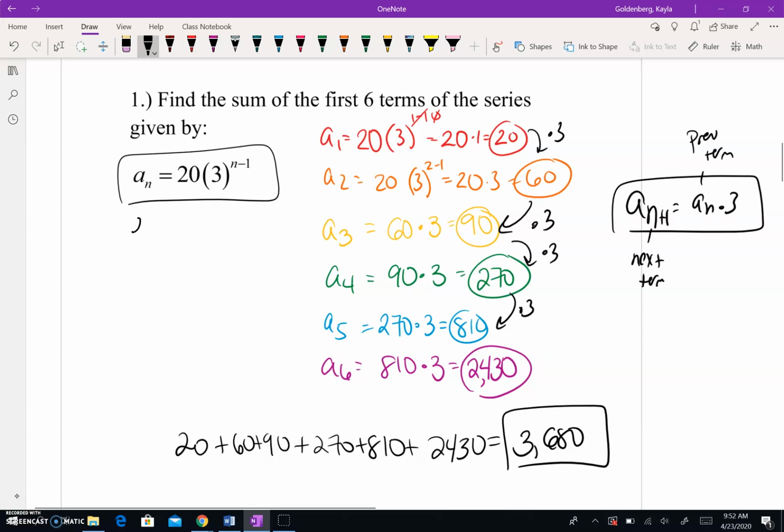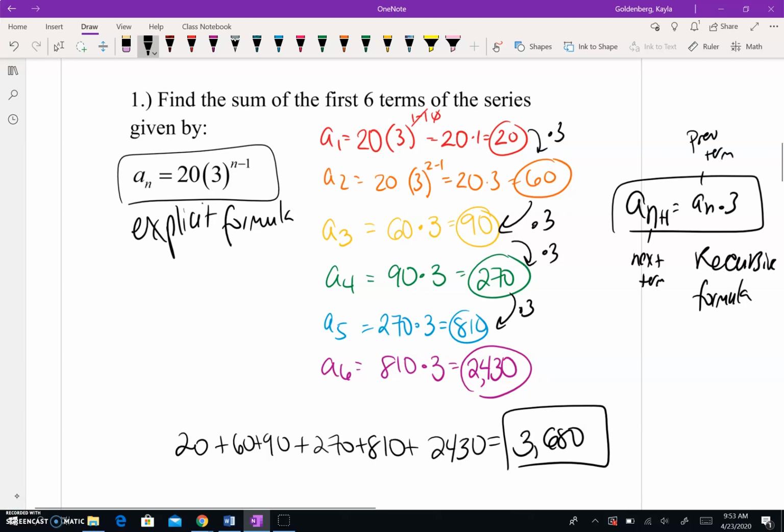So here's your explicit formula, and then here is your recursive formula. Something to keep in mind is that by the time you get to the test, you'll want to know both ways to write it out, but I generally let you choose whichever way you want.